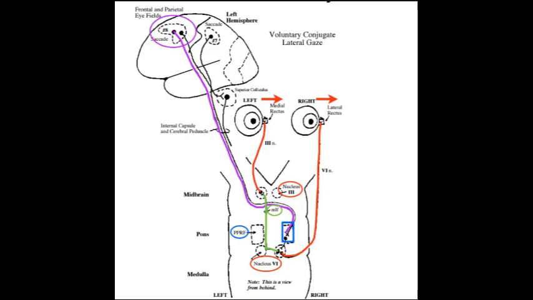The left abducens nerve then sends fibers to the lateral rectus on the left and causes the left eye to move to the left, or abduction, while the activated abducens nerve also sends signals to the right MLF, and that will then send its own signal to the medial rectus oculomotor subnuclei, and that in turn sends its own signal to the medial rectus on the right, and that will cause the right eye to move to the left, or adduction of the right eye.